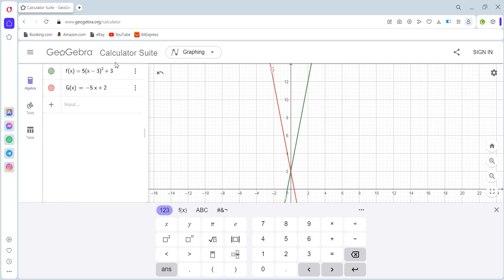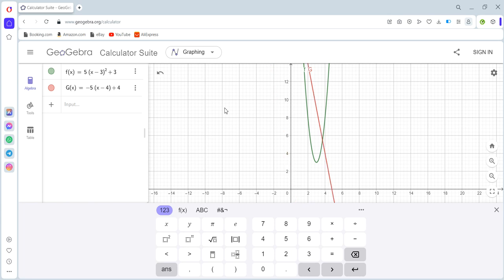Plus 3. 3 is the head, upward or downward. Minus 4, 4 points to the right. Minus 5, minus concavity downward. Plus 4, 4 is the head.